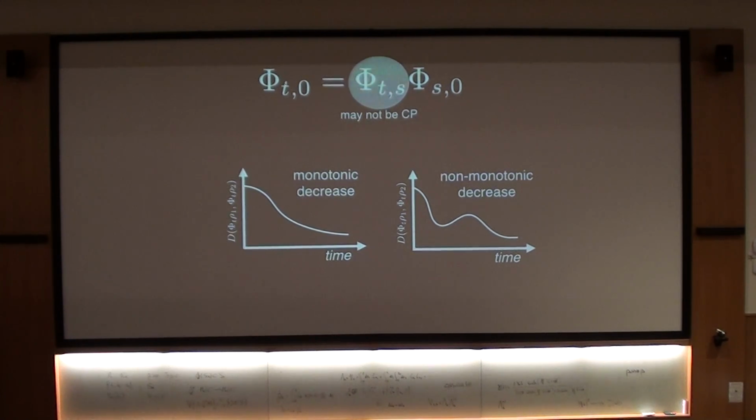In the first scenario, the trace distance always decreases monotonically. But in the second scenario, the trace distance may temporarily increase in time, never more than the initial value, obviously.